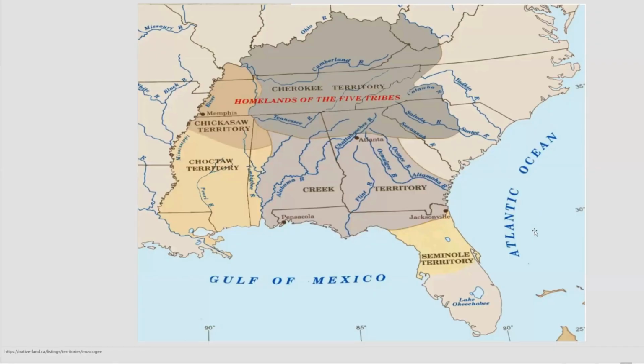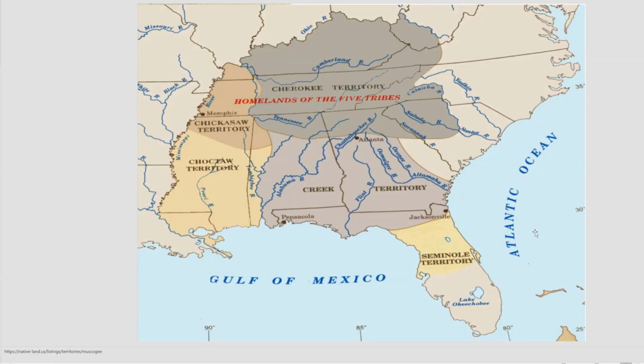And then these are the homelands of the 5 tribes, so paying attention to what tribe was in what area. The Creeks were actually upper and lower Creeks. The upper and lower Creeks covered Alabama and Georgia, basically the top half and the bottom half. The Choctaw was to the left, Mississippi.